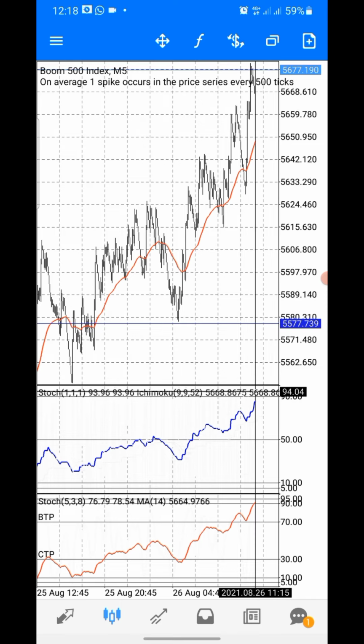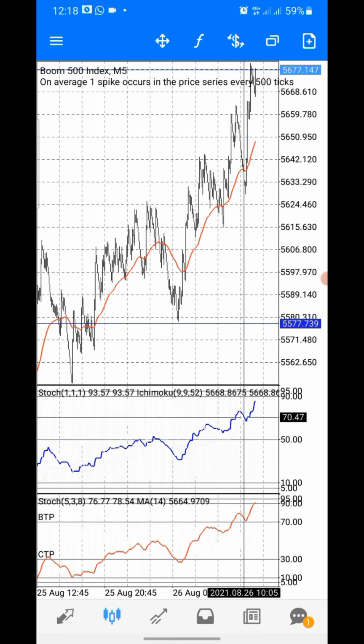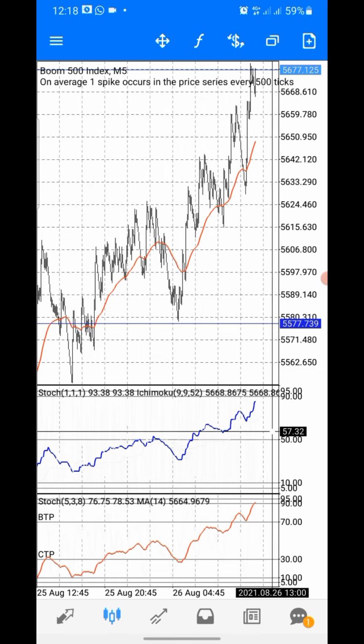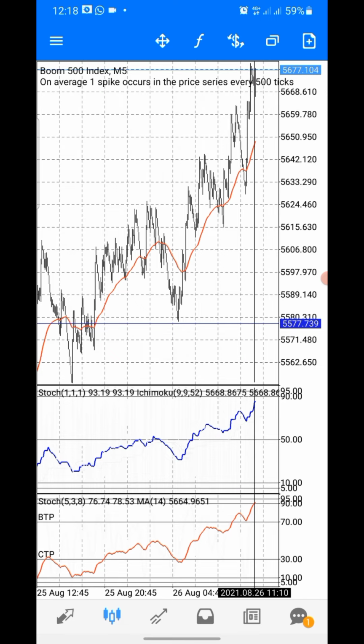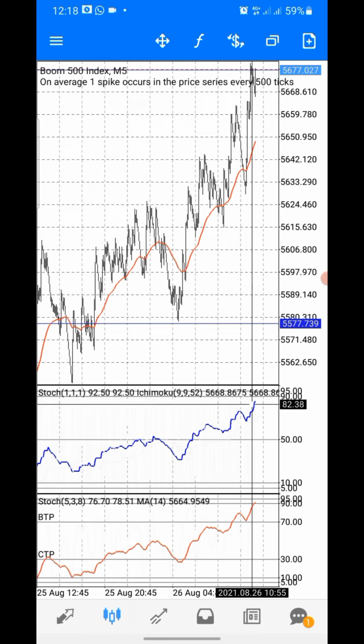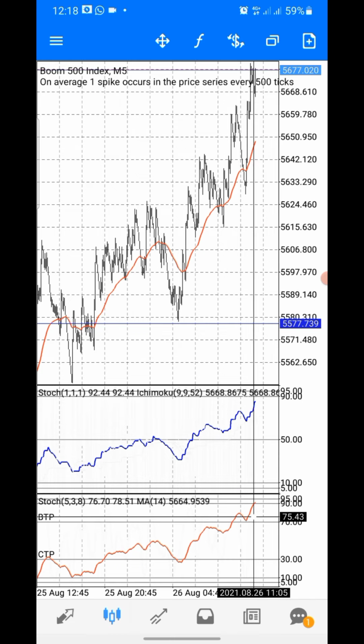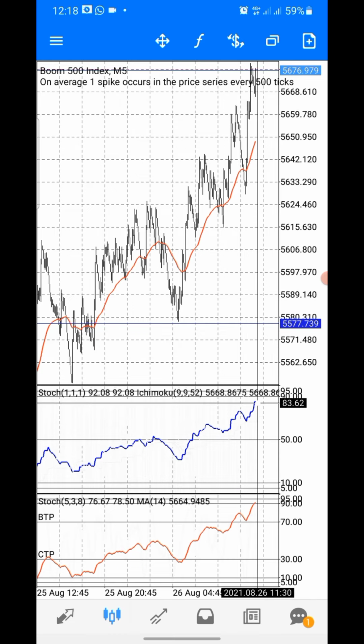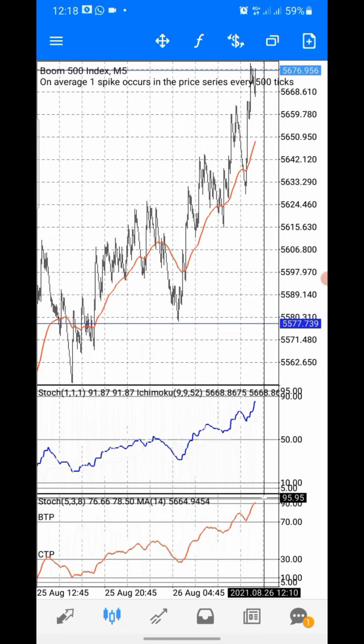So we have to wait for the two indicators, the Ichimoku and the moving average, to be at the zone. If one is at the zone and the other is not there, we don't take that market. We have to wait for both to be within the 90 and 95 zone before we sell boom. The same principle applies to Boom 1000.